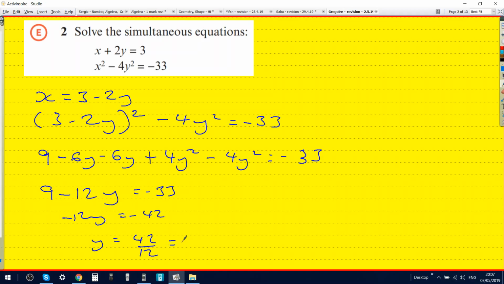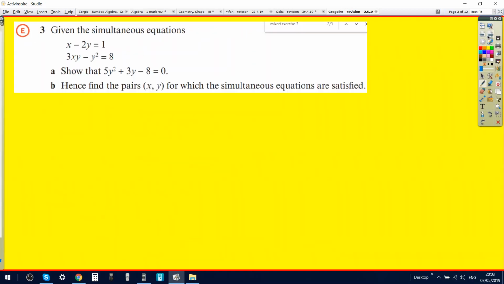So that's a fraction, 3.5, yeah. So that's for y, and then you can just substitute it into the top equation. So x plus 7 equals 3, then x equals minus 4. That's it. Well done. I think you're okay there. I think you'll be fine for these.